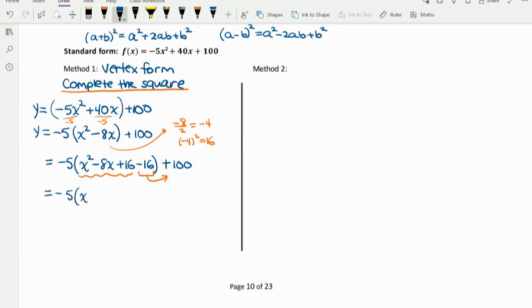Negative 5 (x squared minus 8x plus 16) will stay the same. This negative 16 will exit my bracket, but you have to multiply this negative 5 as it exits the bracket. So negative 5 times negative 16 gives you 80. So plus 80.